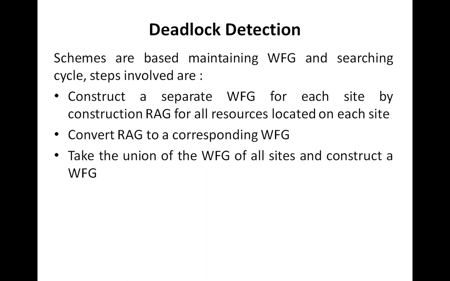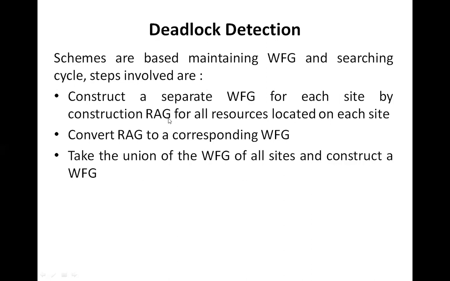So what are the different steps? All the schemes are based on maintaining the wait-for graph and looking for cycles. The steps involved are very simple. First of all, construct a separate WFG, that is, a wait-for graph, for each site. We have many sites and each site will maintain its own wait-for graph. This wait-for graph can be constructed only from the resource allocation graph.